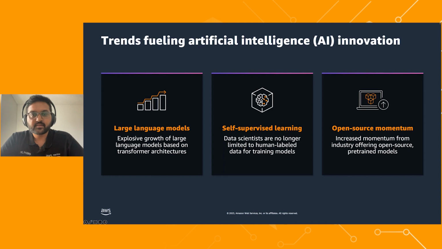The last element, but really critical for innovation, is that many state of the art models, such as diffusion models, Falcon, Llama, and many others, are open source contributions. These contributions help increase adoption of newer architectures and help customers adopt them to their use cases to improve efficiencies.